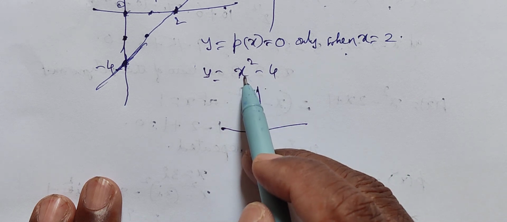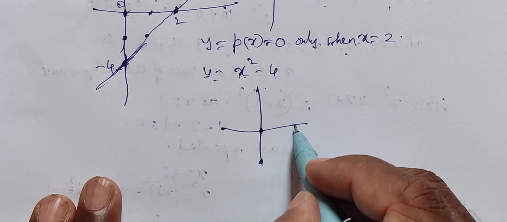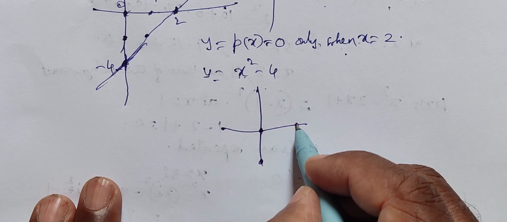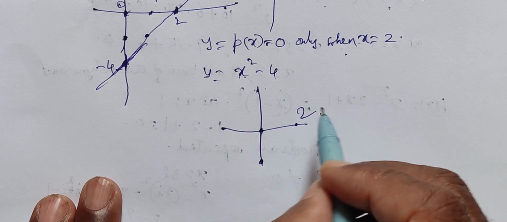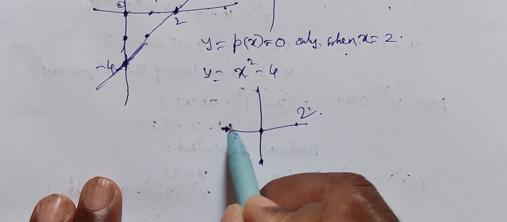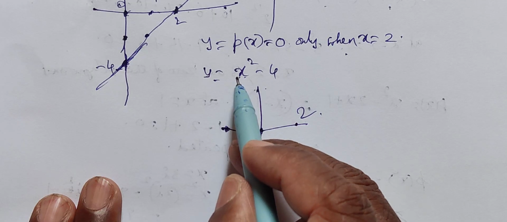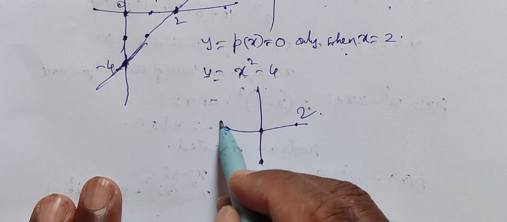When x is equal to 2, 2 square minus 4 is equal to 0. That means the y value becomes 0 when x is equal to 2. If I take x is equal to minus 2, minus 2 whole square is 4, 4 minus 4 is 0.